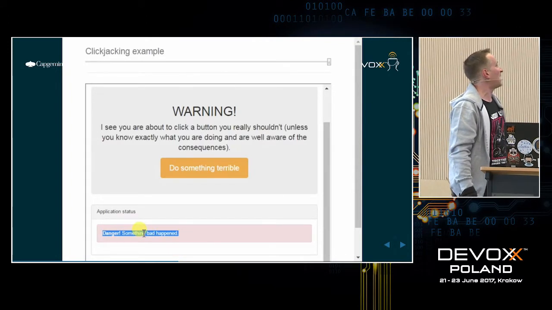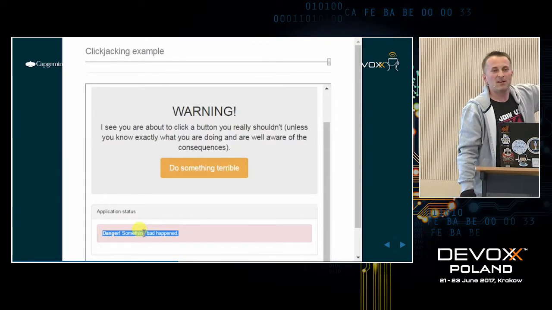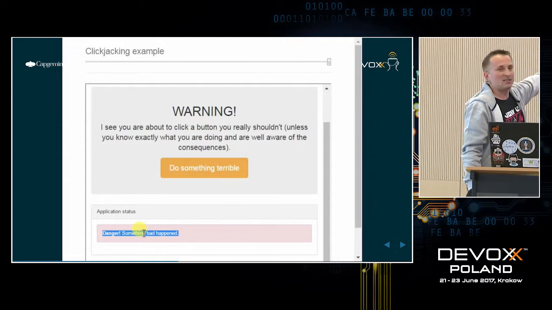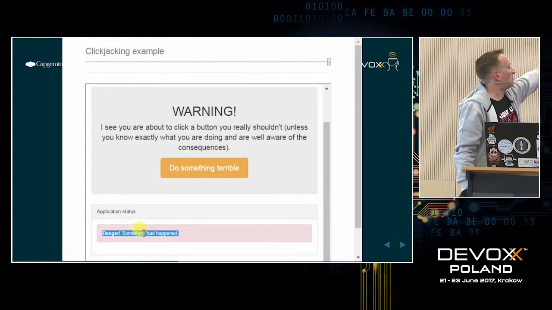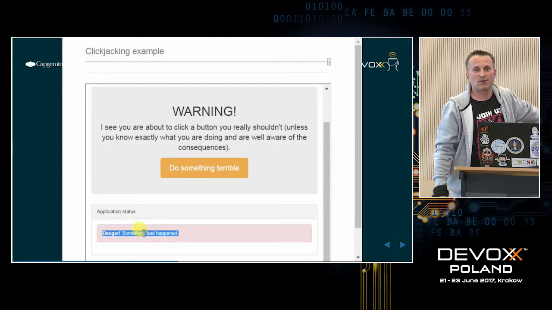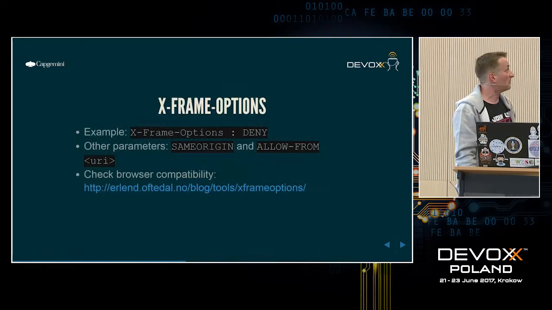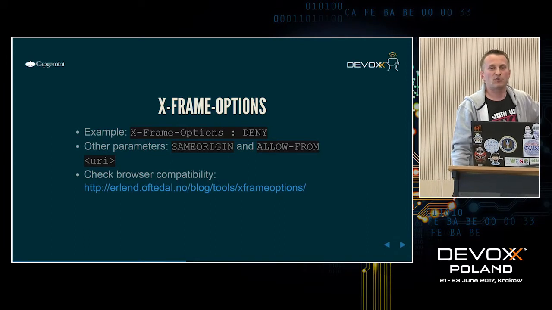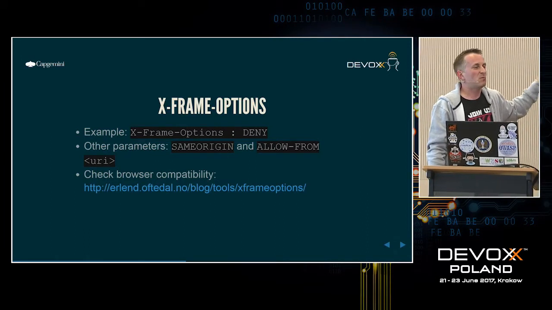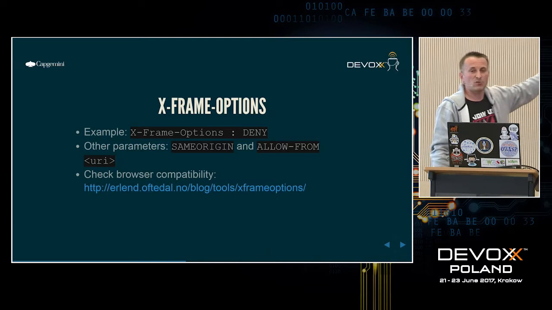Oh, something bad happened. I don't know. You have deleted your social page, whatever account, right now by clicking this button. Sorry, such things happen. So how can you mitigate the threat? The only way it makes sense is X-Frame-Options.